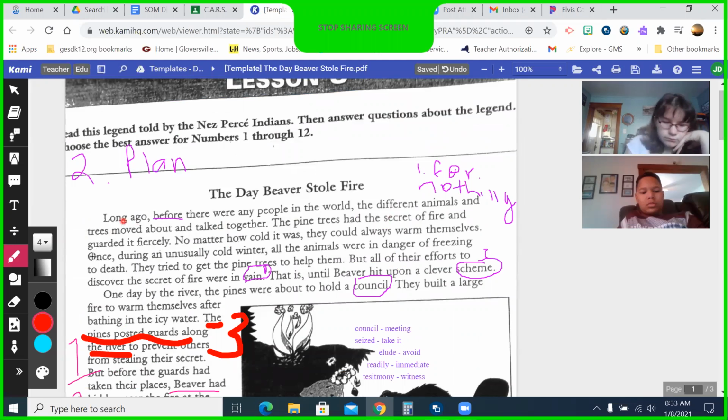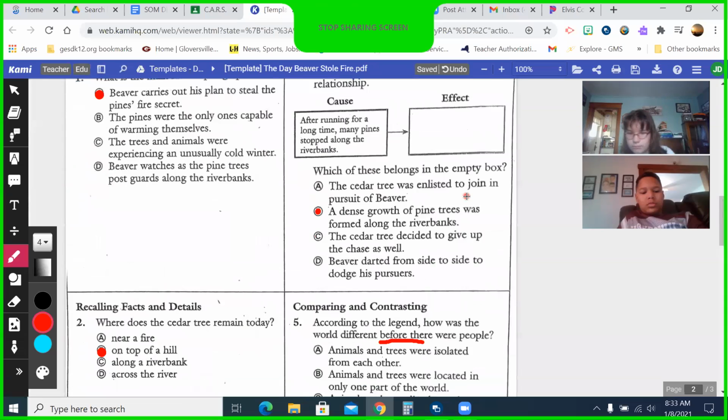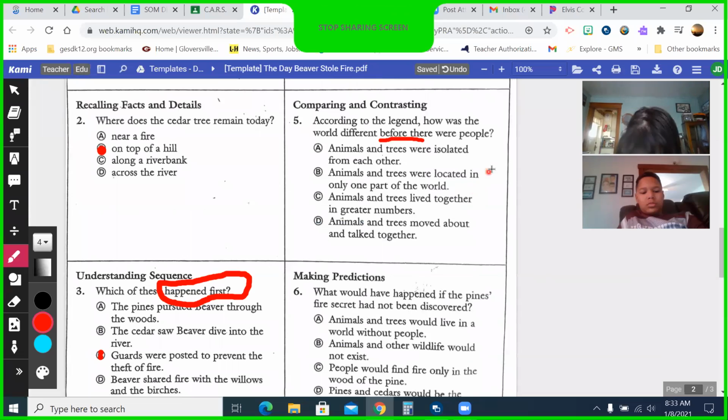It says, long ago, before there were any people in the world, the different animals and trees moved about and talked together. So which, Zion, of the choices are the best? Say again? D. Excellent. See how we did that?